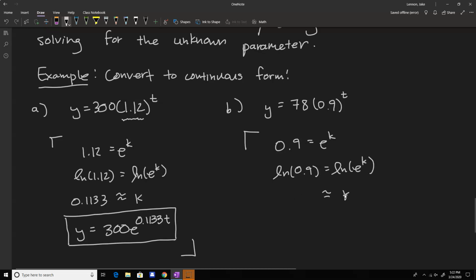If you do that in your calculator, you get an approximation of about negative 0.1054. So your continuous form would be y equals 78 times e to the negative 0.1054 t.